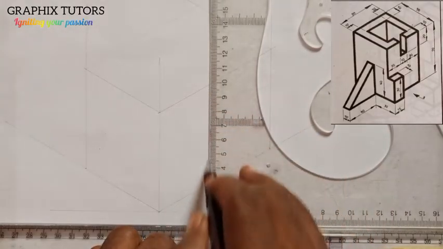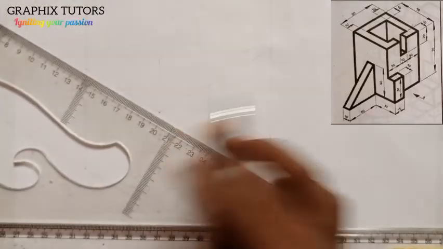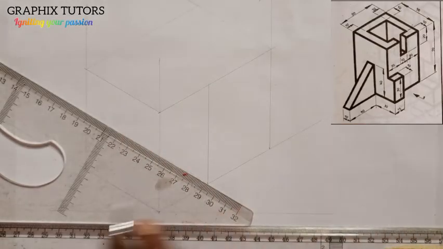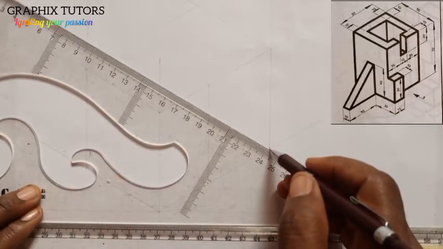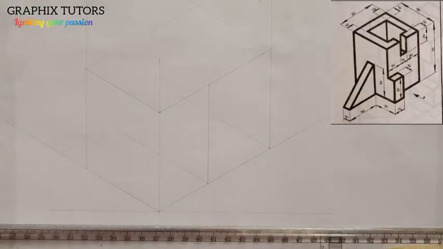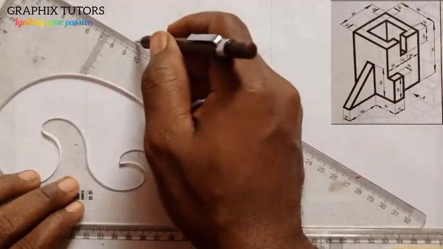Faint line first, right? I'll make it form a box. So we have the 50 and it is thickened. So if I measure out that 50, I'll close it up here too. Just close it up here.